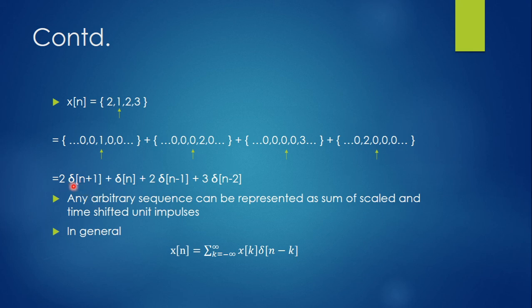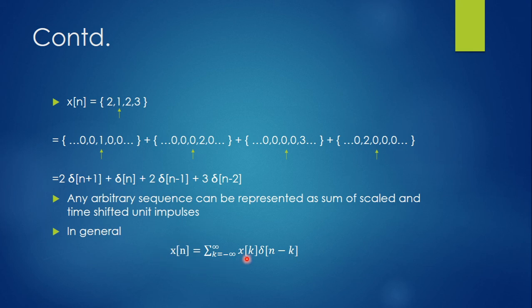Scaled means multiplied by 2, multiplied by 3, multiplied by 2. Shifted, this is delta n minus 1, delta n minus 2, delta n plus 1. So if we generalize this, any arbitrary sequence can be represented as a sum of scaled and time shifted unit impulses.